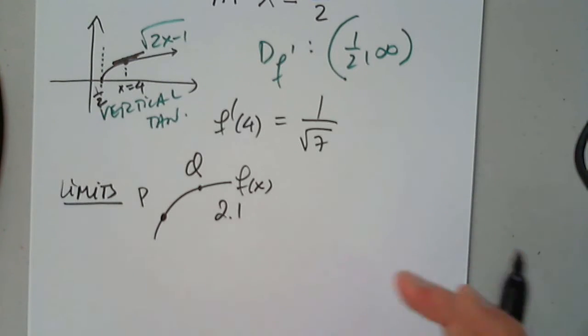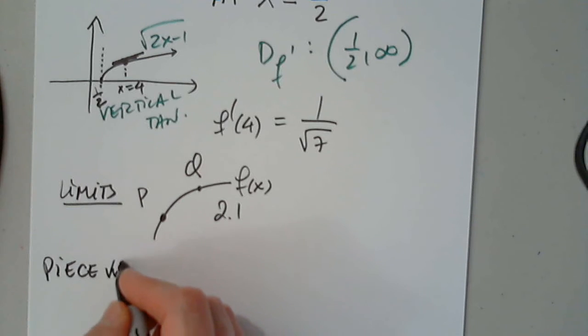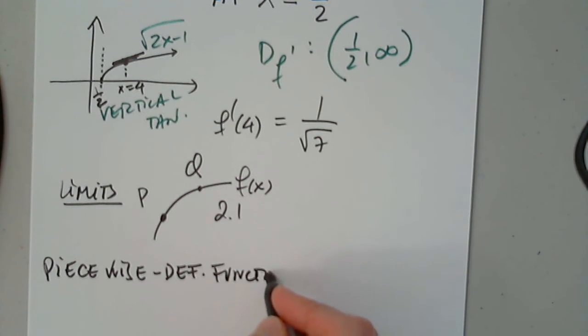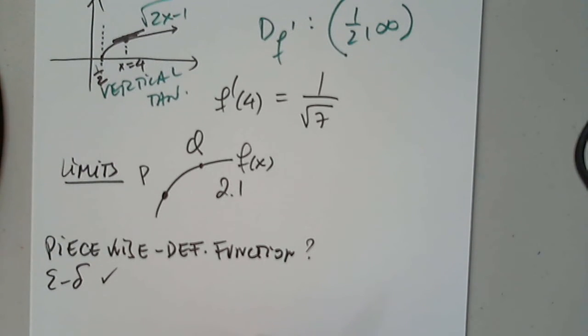I want to look at, if we still need to, a piecewise defined function. I think we had enough, but I don't know if you want to. An epsilon delta, I think we had enough. I don't know if you want to go back to it.